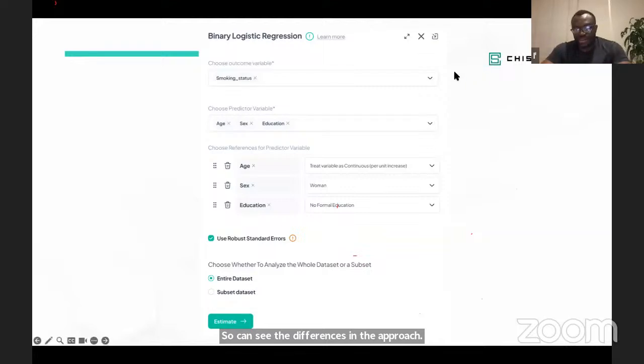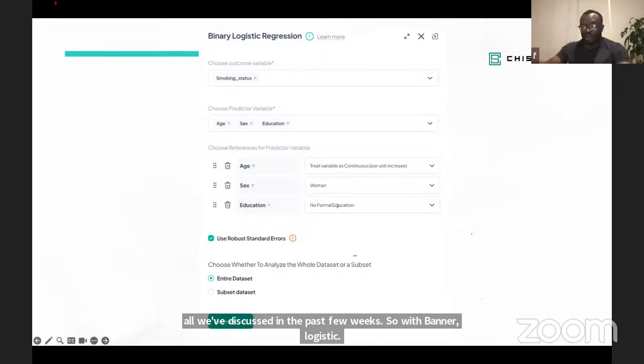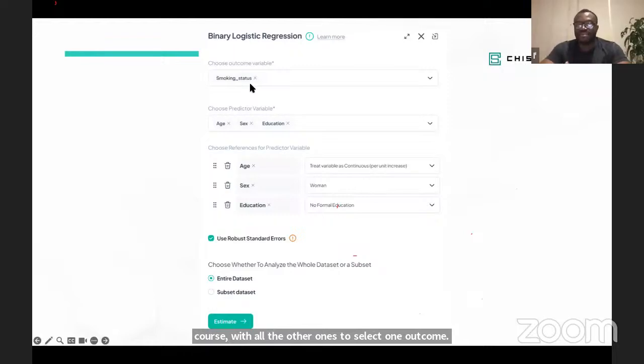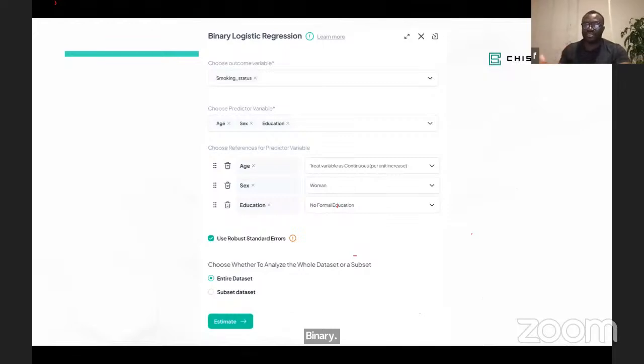So with binary logistic regression, you select one outcome. Of course, with all the other ones too, you select one outcome. For binary logistic regression, the outcome must be, as the name implies, binary. Binary means it has two categories, 0 and 1. And you also select the predictors, and you select a reference group for each predictor.